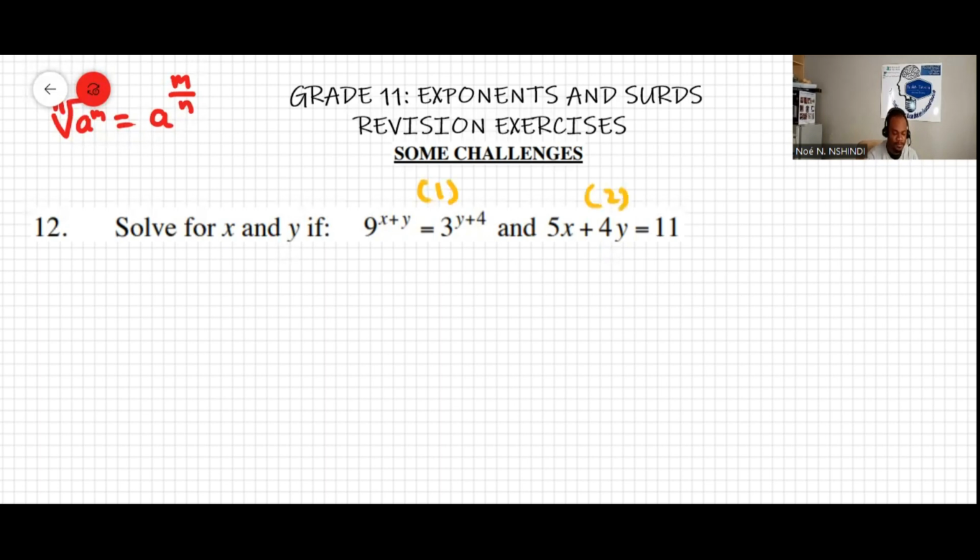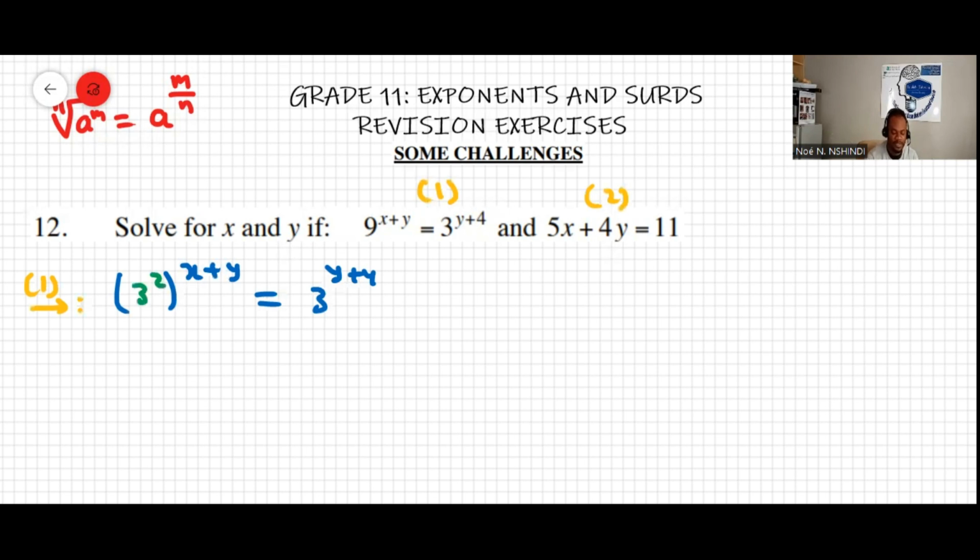From equation 1, we have 9 to the power of x plus y equals 3 to the power of y plus 4. I prefer to write 9 in terms of its prime factor. Then 9 will be 3 squared.